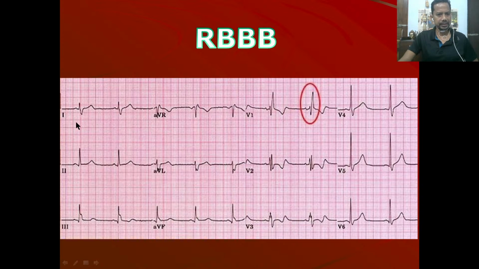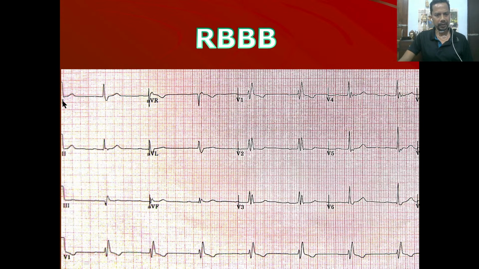Now how right axis deviation? You see R and S, so this is an isoelectric complex in lead 1 and a very tall R wave in AVF. So the impulses are coming towards AVF, that is why it is very tall. So there is a right axis deviation.